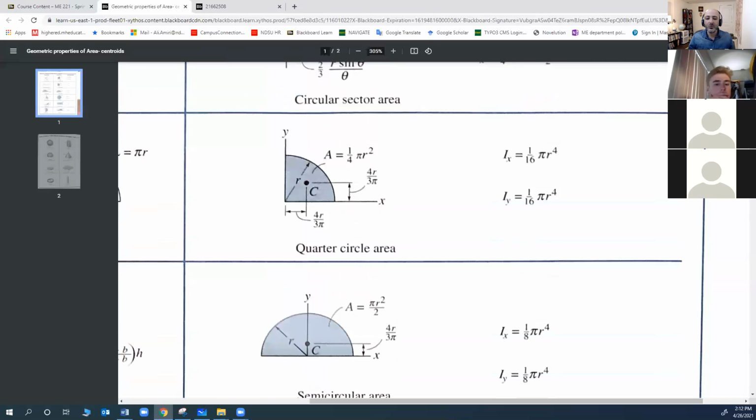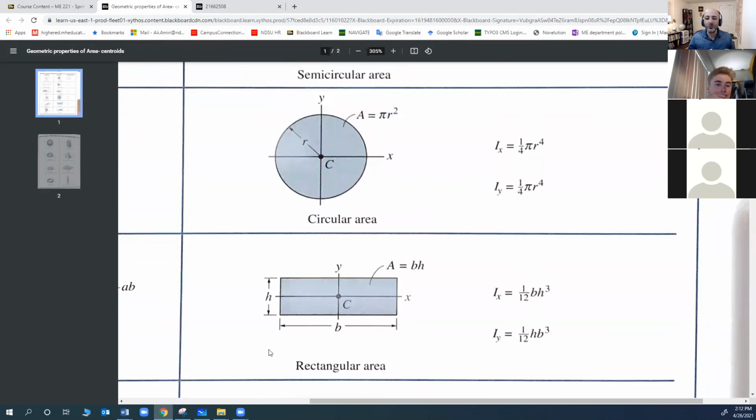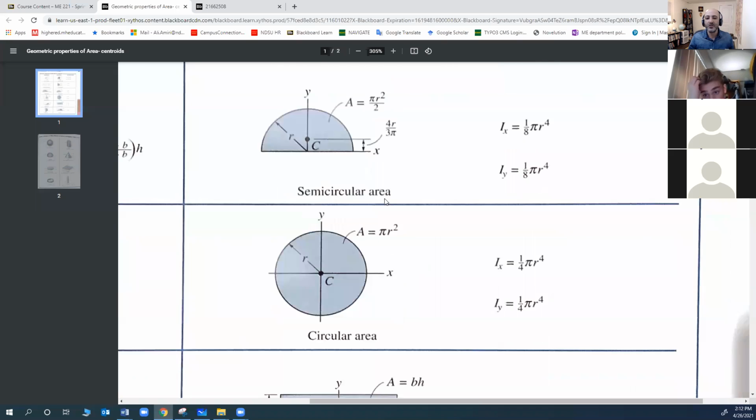They want to list it only once, giving one equation for every rectangle regardless of axis. Any axis you want to find it about, all you have to do is add the amount of shift to this and you have it. Same thing with circle, same thing with this.